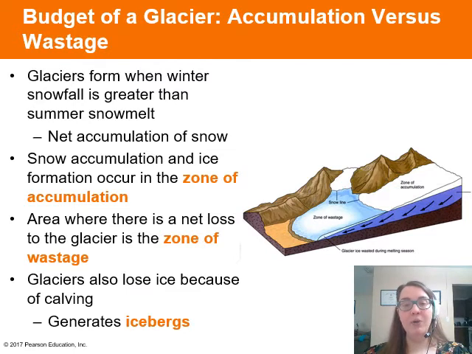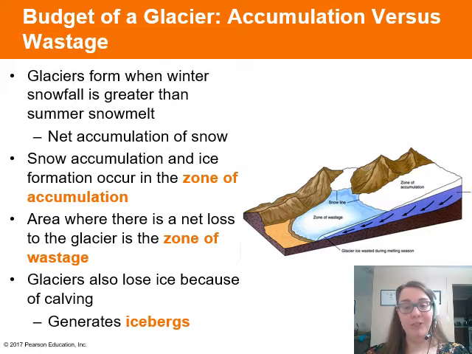Since it takes so long for glaciers to flow, we want to create an annual budget. We want to figure out if that glacier is growing or if it's wasting or melting away over multiple years. So when we look at a single year, we see that almost every glacier is going to grow in the winter when we're getting more snowfall, and that almost every glacier is going to melt more in the summer when it gets a little bit warmer.